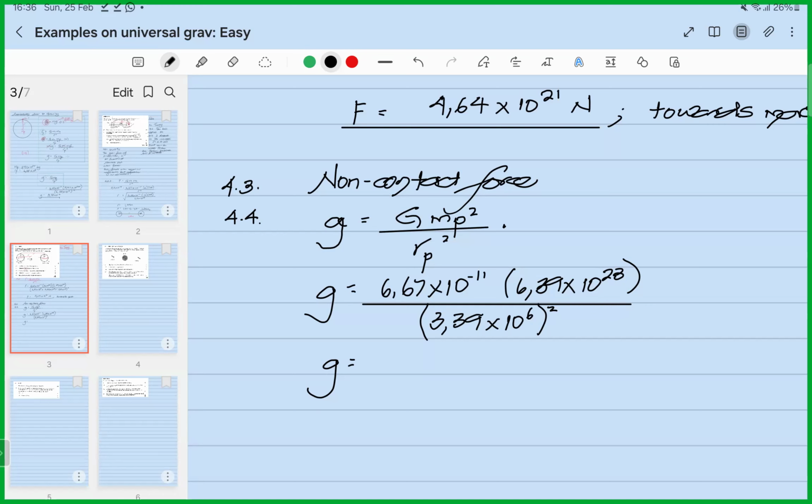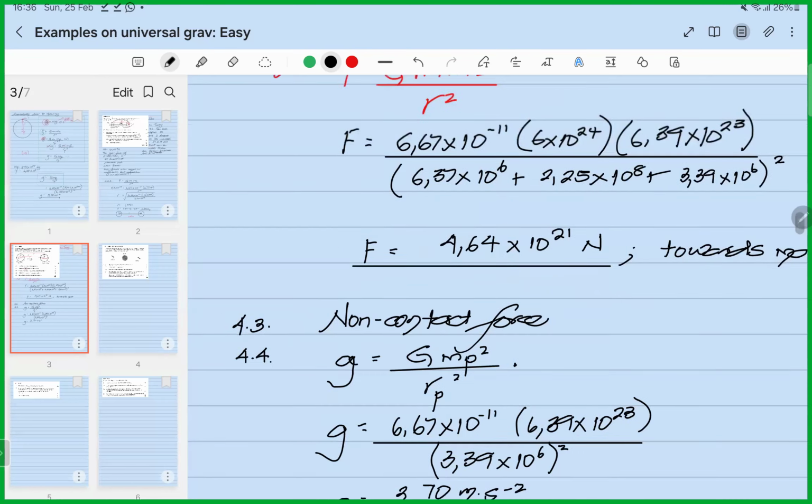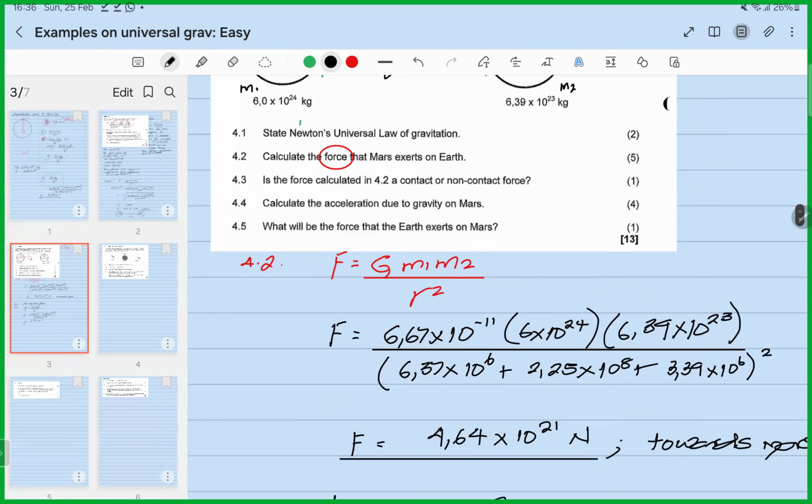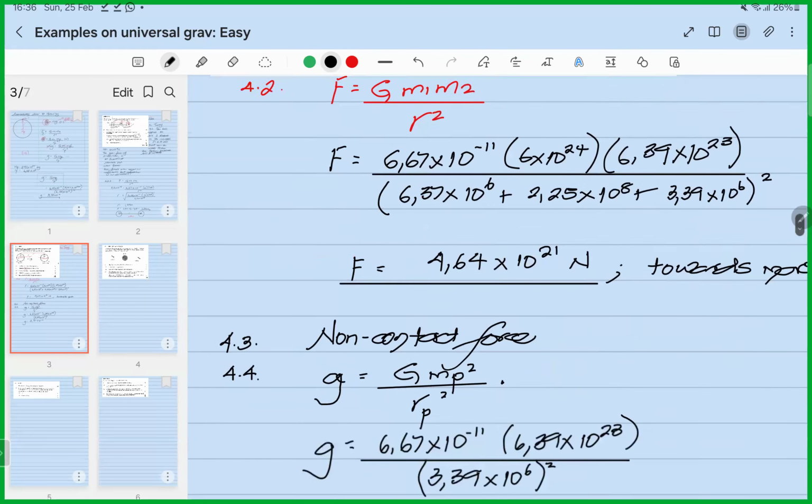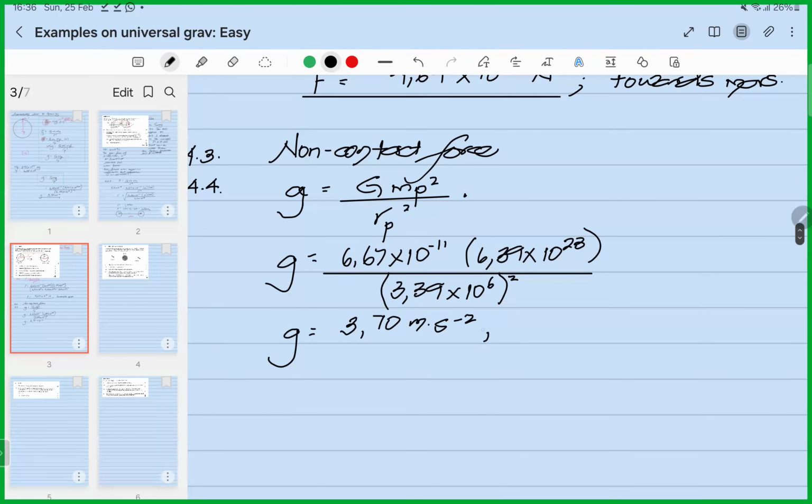What are the two decimal places, please? 3.70. Okay. Meters per second squared. It's an acceleration you're calculating, so it has to have a direction. So it's 3.70 meters per second squared downwards. It will be downwards towards Mars, obviously, in this case.